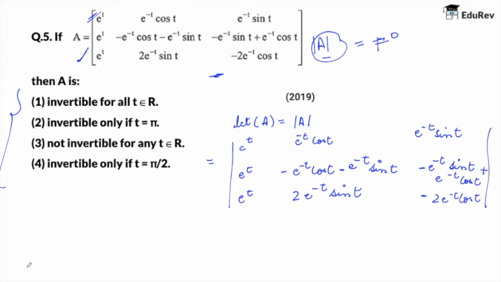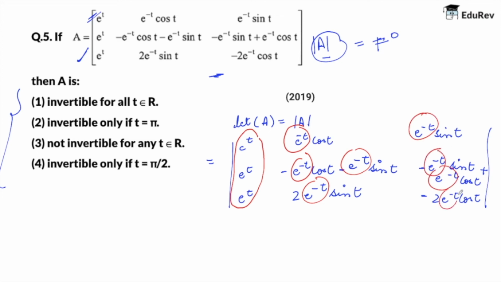Now you can see here that e to the power t is common to this row, whereas e to the power minus t is common to all of the next row. And in the last row, e to the power minus t is again common. So from the first row I can take e to the power t as common, from the second I can take e to the power minus t as common, and from the last as well I can take e to the power minus t as common. So when I take them out, I'll write e to the power t into e to the power minus t into e to the power minus t.